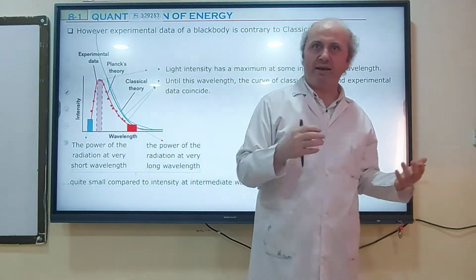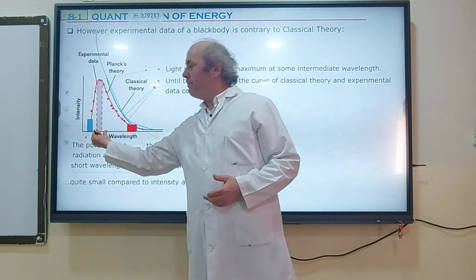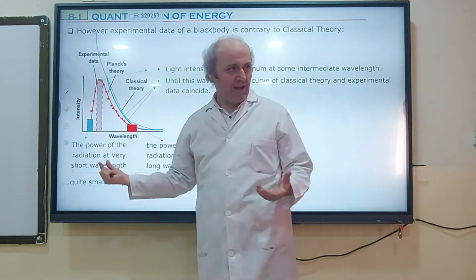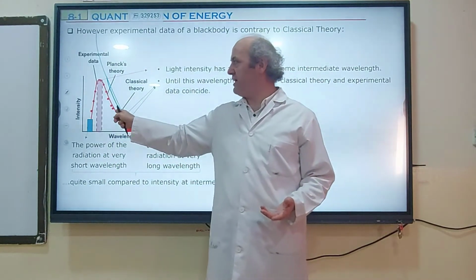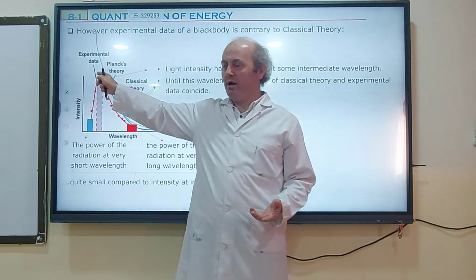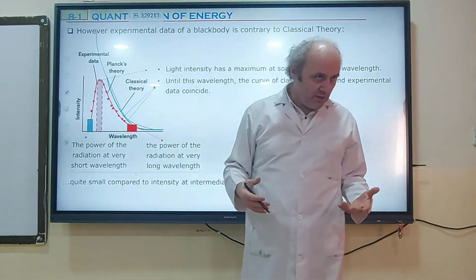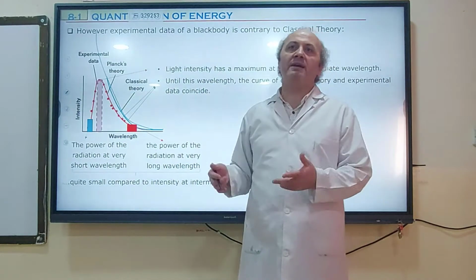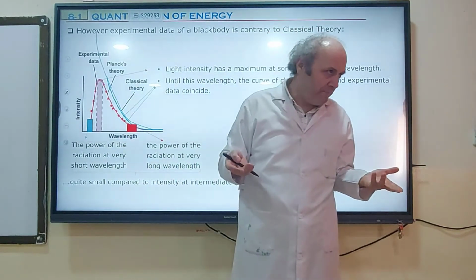But experimental data observed that until some middle wavelength, this is correct. Yani, this red curve is representing experimental data. Until here, the classical model and the experimental data coincide, and they agree. There's an agreement between them.